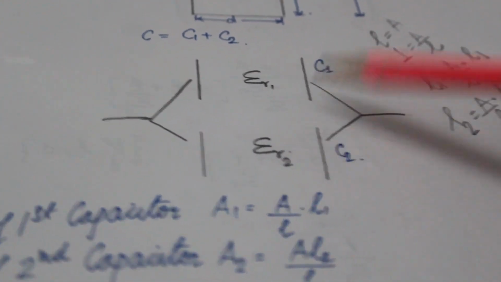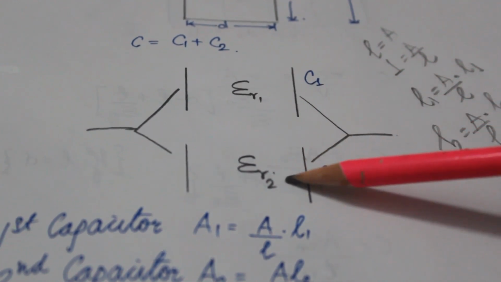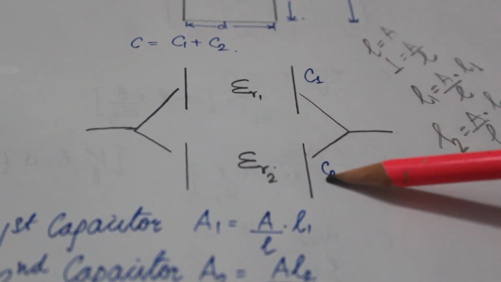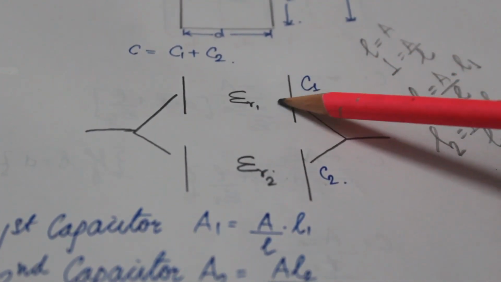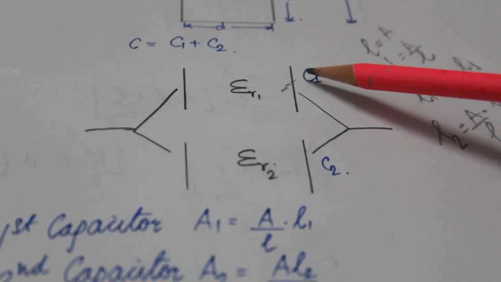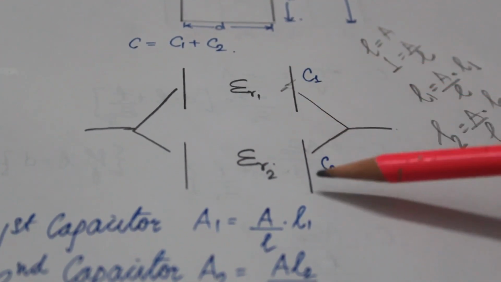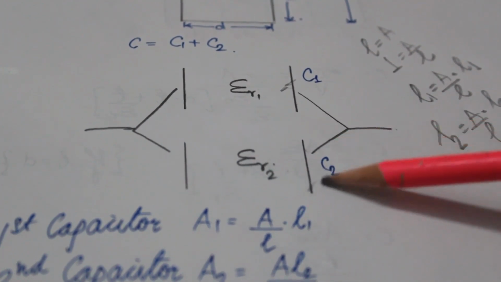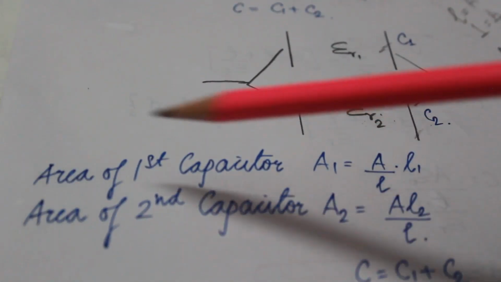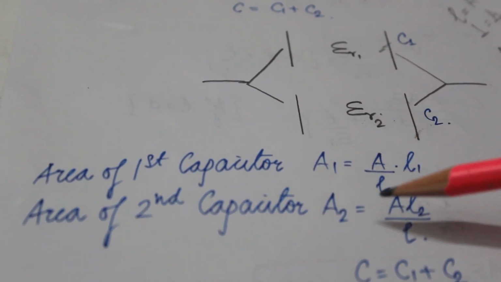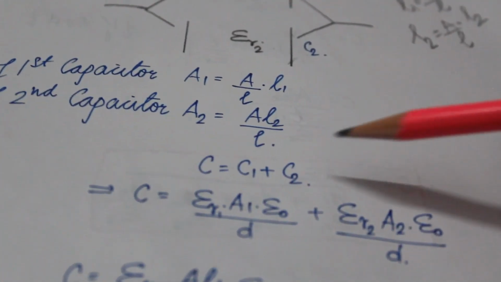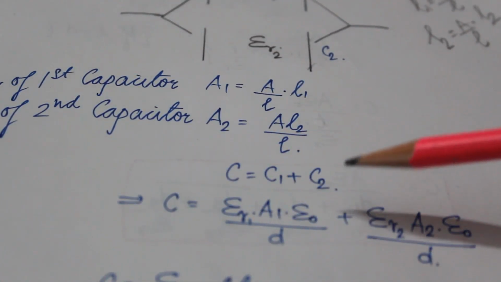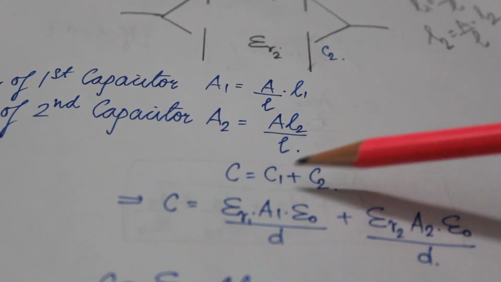Now we have divided the capacitor. Now we have considered two parallel plate capacitors of capacitance C1 and C2, which are being filled by a dielectric slab. The area of the first capacitor is A L1 upon L, whereas that of the second is A L2 upon L. So the area of the first capacitor A1 is A upon L into L1, whereas that of the second capacitor is A L2 upon L. Now we will find the net capacitance by the formula of parallel combination, that is C is equal to C1 plus C2.